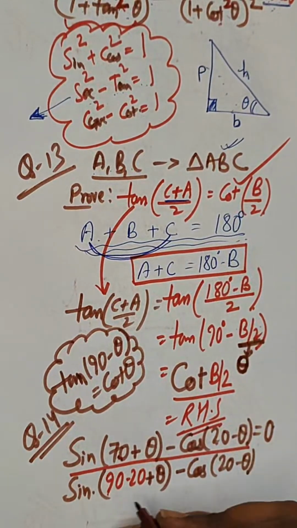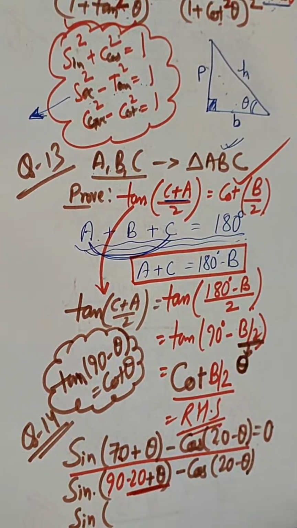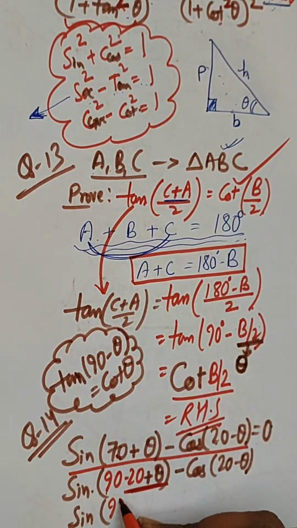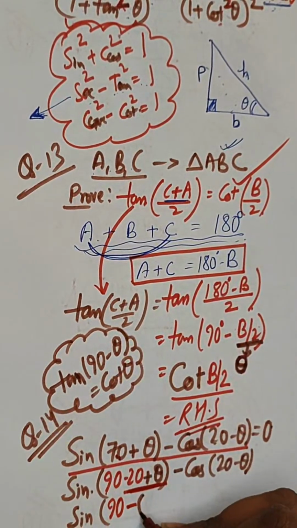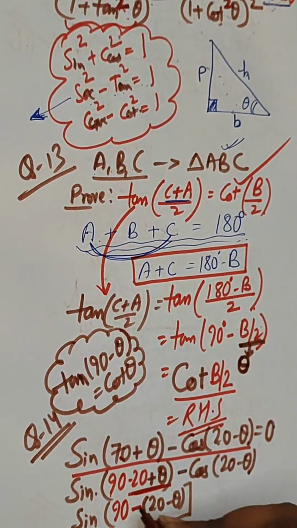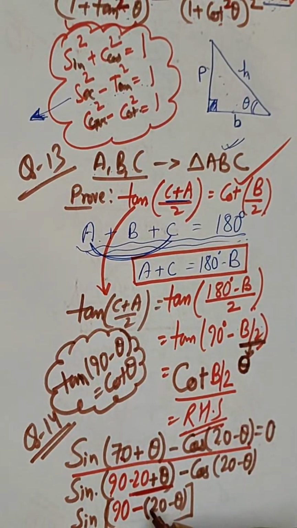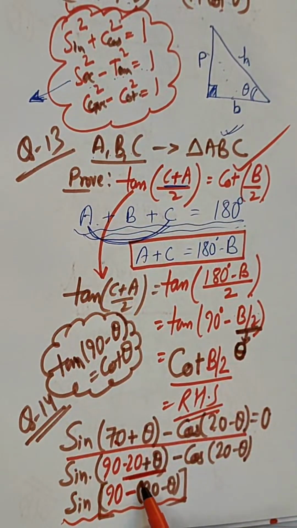Then consider all this angle as theta. Then you can write 90 minus, minus is taken as common, then we have (20 minus theta) in the bracket, isn't it? Then again sine of (90 minus theta) is cos theta, right? This is in the form of sine of (90 minus theta) because theta will be a little bigger over here. This is 20 minus theta, my dear friends.